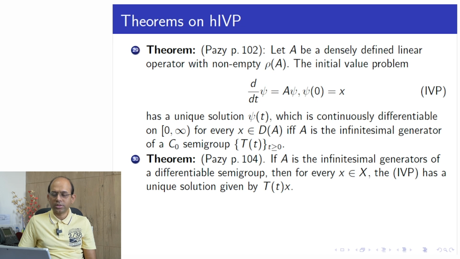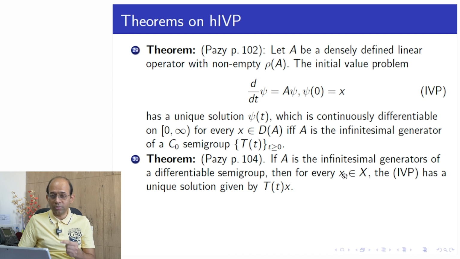This appears on page number 104. If A is the infinitesimal generator of a differentiable semigroup, so here we are putting more conditions on the semigroup, a differentiable semigroup, that means it is a very restricted class of operators. Then for every x in capital X, since we are choosing only a very special type of operator A, we can get a nice result.